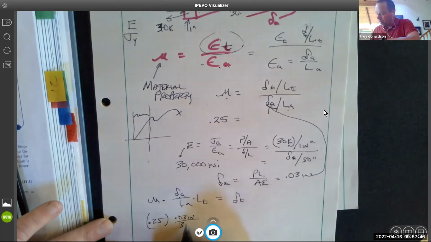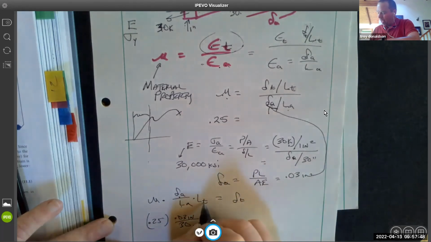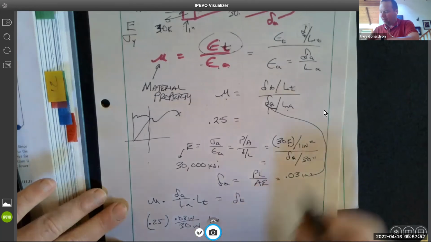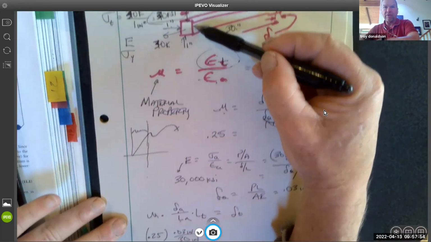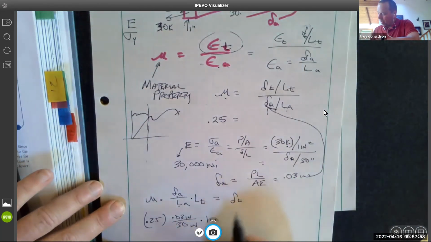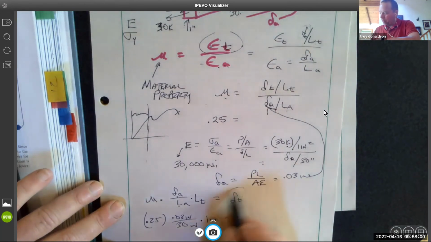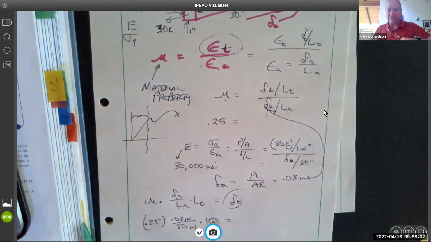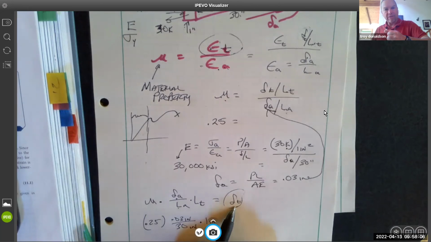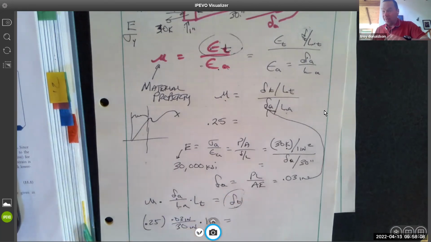My original length is 30 inches and my length transverse is 1 inch. That's the original transverse length. And all that is equal to what I want to know, which is the delta change in the cross section in one direction. This normally is a really small number.